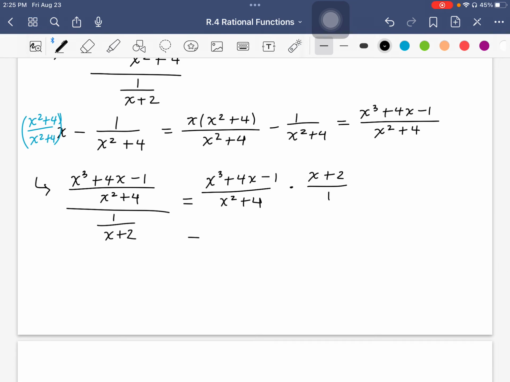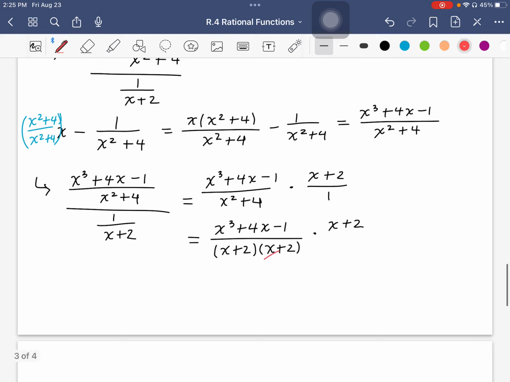All right. Now, what I'm going to do now is factor this. We can't factor the numerator, but we know that x squared plus 4 is going to be x plus 2 times x plus 2. We have a sum of squares here. And then we know that we have an x plus 2 over here.